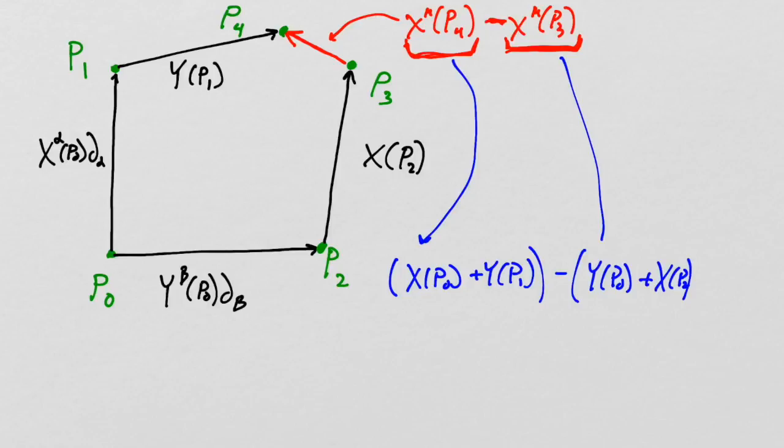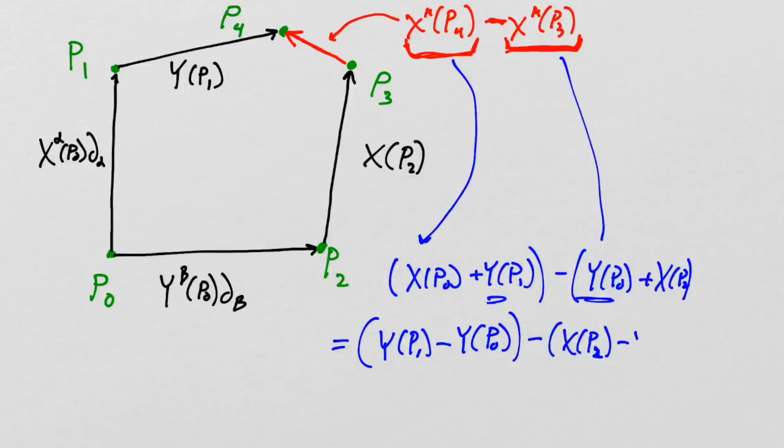So we combine things where we put the y's together and the x's together, and we end up with y of P1 minus y of P0, minus x of P2 minus x of P0, right? So we're just rearranging those two differences. And now we have the formula for this difference in terms of the vector field. So this is the coordinates of these points, and we're now in terms of the vector field.